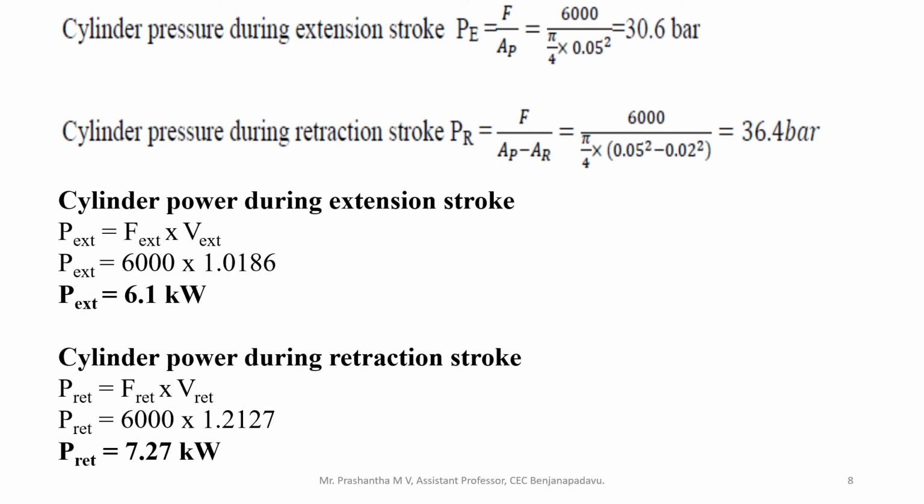Simplify this, we will get 7.27 kilowatt. Cylinder power during retraction stroke, that is P retraction, is 7.27 kilowatt. So here we already found all the unknowns in this numerical.